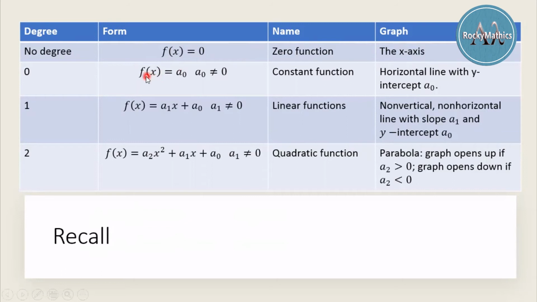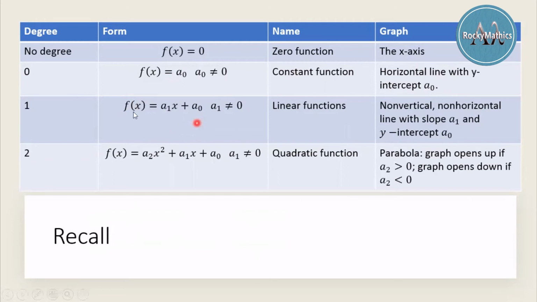But if you're given a function f of x is equal to a sub 0, where a sub 0 is not equal to 0, this is a constant function, then the degree is 0, and the graph of that function is a horizontal line with y-intercept a sub 0.